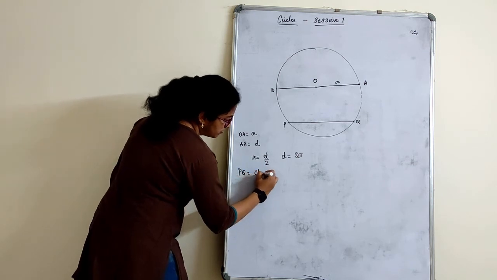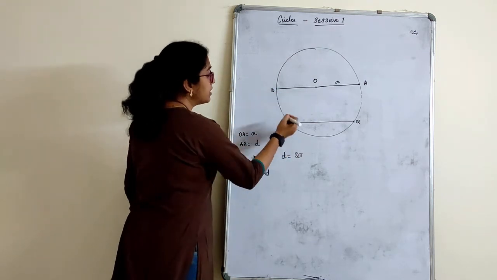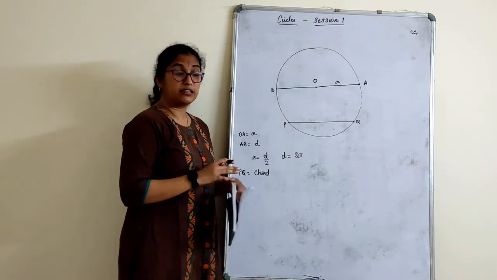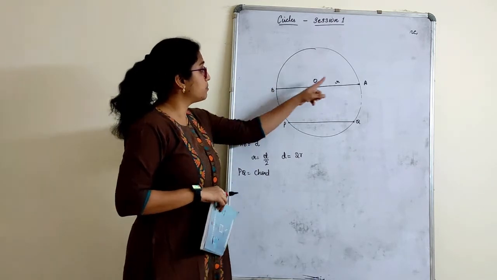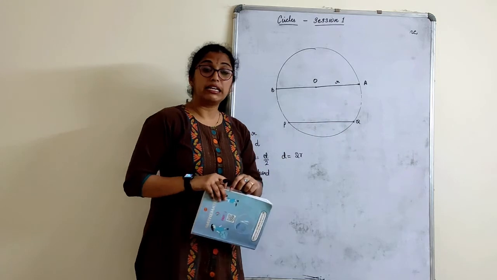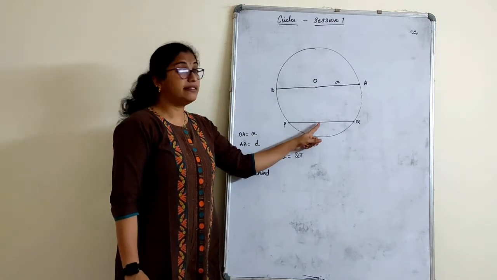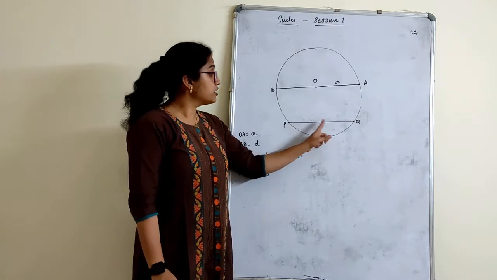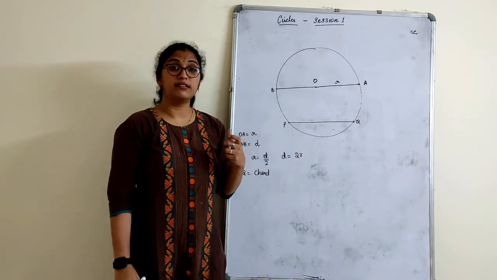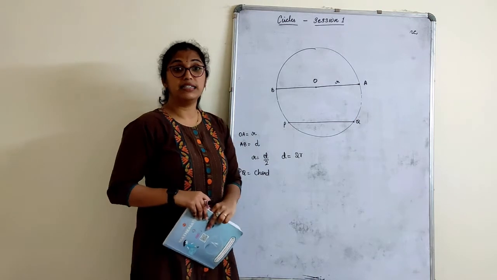PQ is a chord. Then what is the difference between chord and diameter? Diameter is also cutting at 2 points. Chord is also cutting at 2 points, but diameter passes through the center. This chord is not passing through it. What if this chord passes through the center? Then that chord is called a diameter.